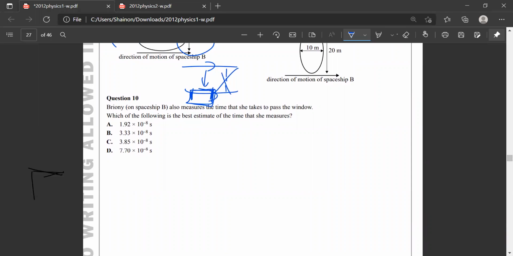10. We're finding the time. Time equals distance over velocity.